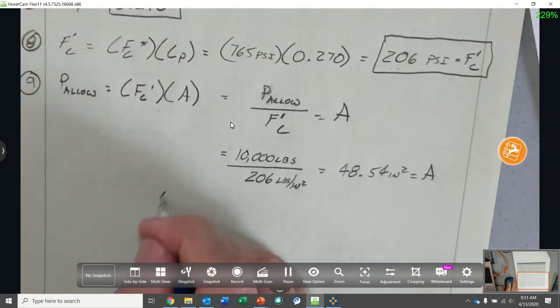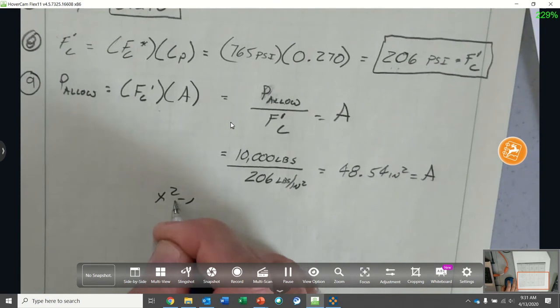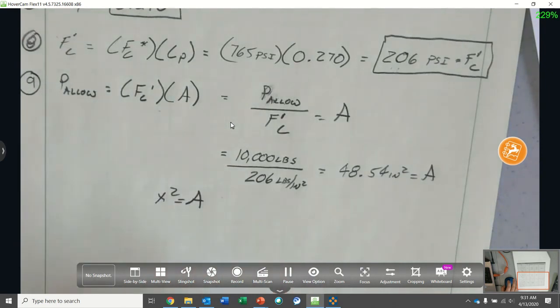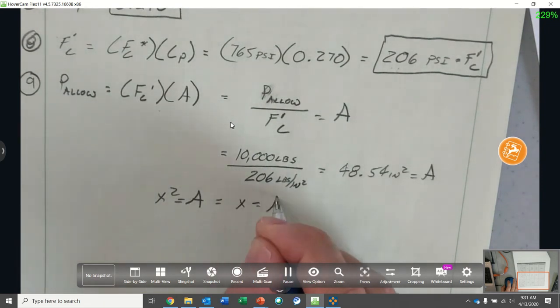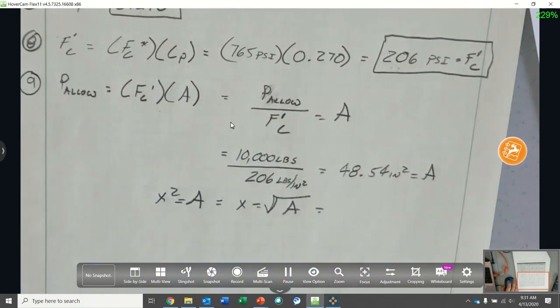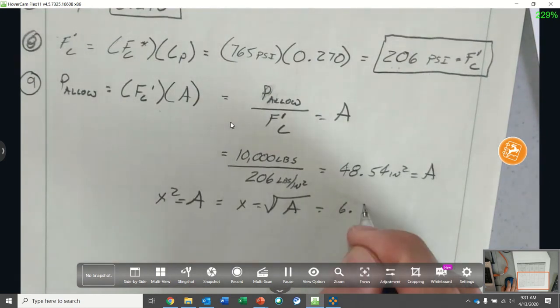So x squared equals area, so x equals the square root of area. We take the square root of 48.54, and I get 6.96 inches.